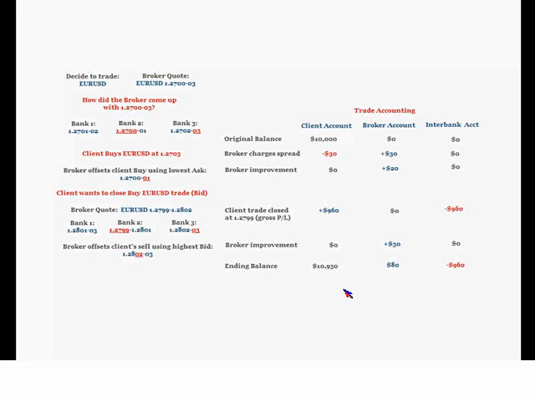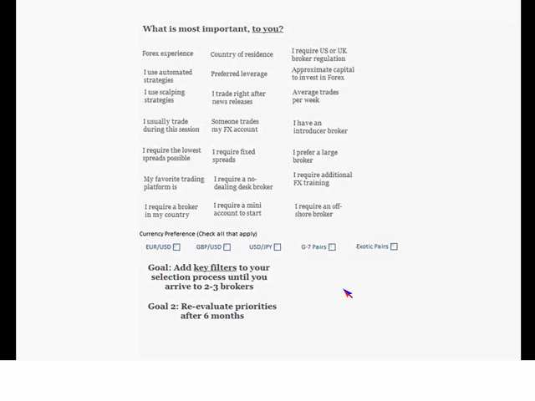Now let's move on to another thing that is important in the broker selection process, which is, how do I select a broker based on what I just told you? And the answer to that question is, it depends. My MBA professor used to say: anytime somebody asks you a question, just answer, it depends, because most likely that's the correct answer. And in this case, it is.